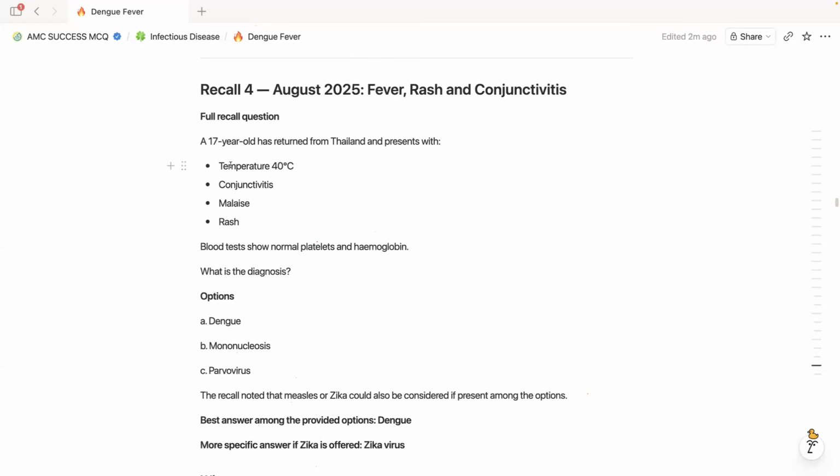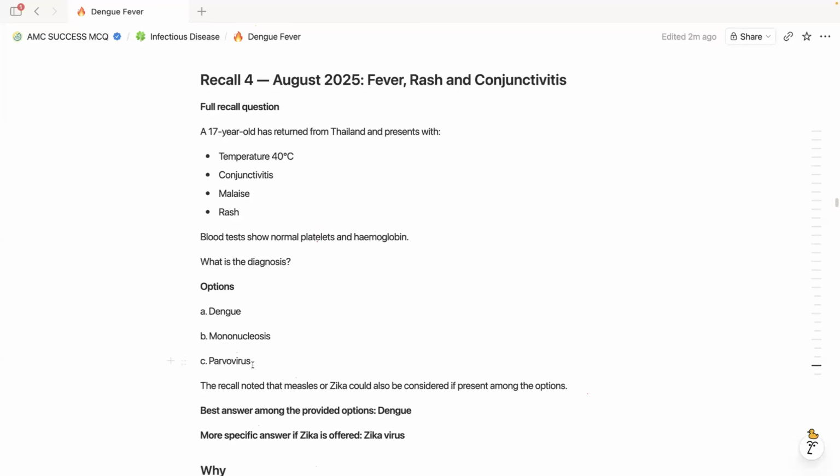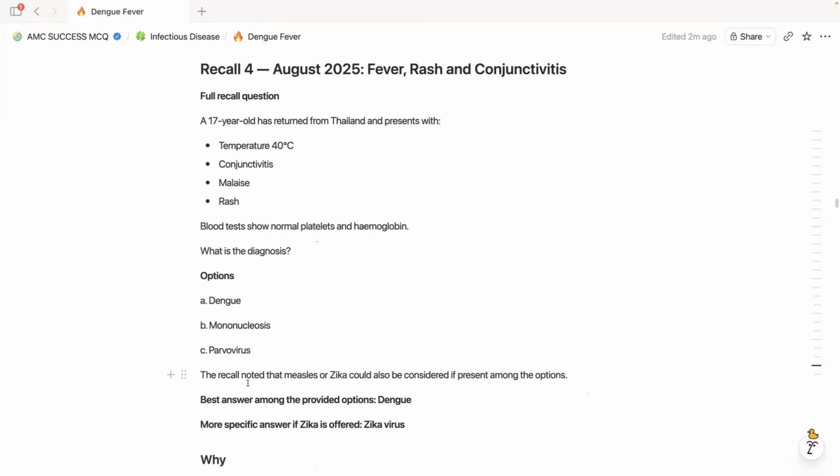Now, next question. A 17-year-old has returned from Thailand and presents with temperature 40 centigrade, conjunctivitis, malaise, rashes. Blood test shows normal platelet and hemoglobin. What is the diagnosis? Dengue, mononucleosis, parvo. Okay, so here the recall noted that measles or Zika could be considered as present among the options.